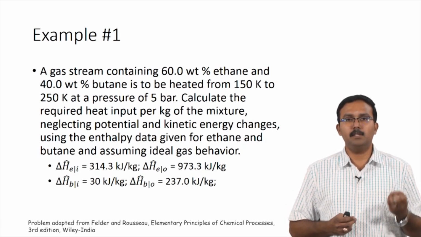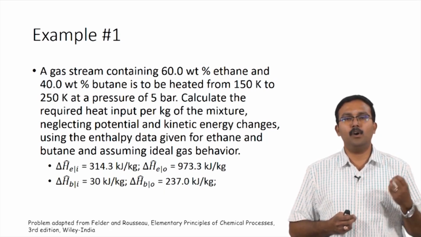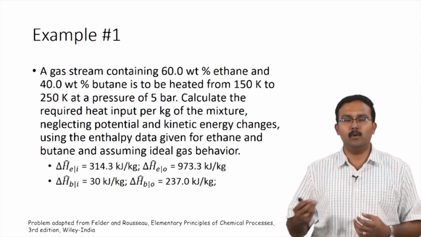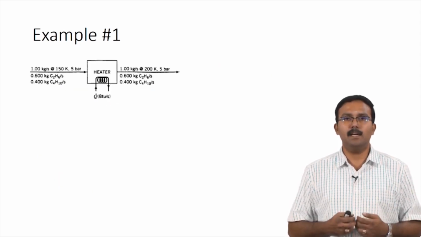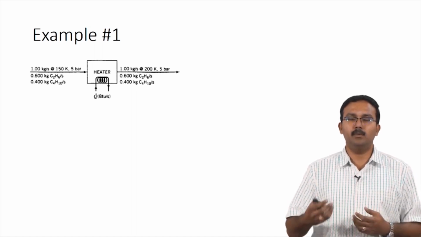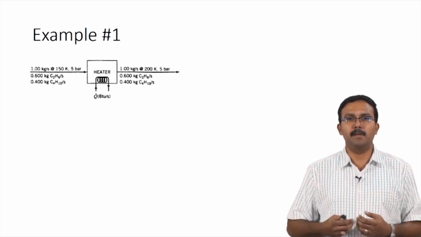So, we have been given the specific enthalpy details for ethane under inlet conditions and outlet conditions, and butane under inlet and outlet conditions. Using this, we have been asked to calculate the amount of heat that needs to be fed to the system per kilogram of the mixture.